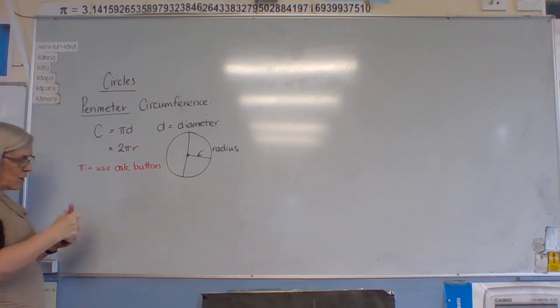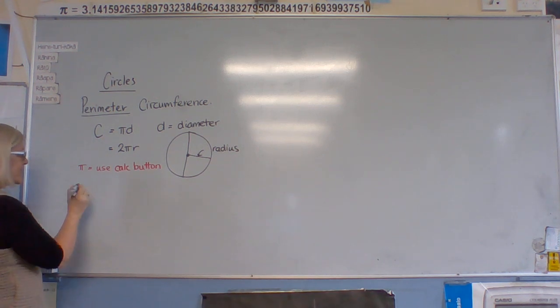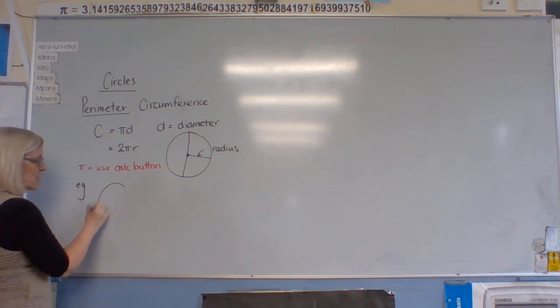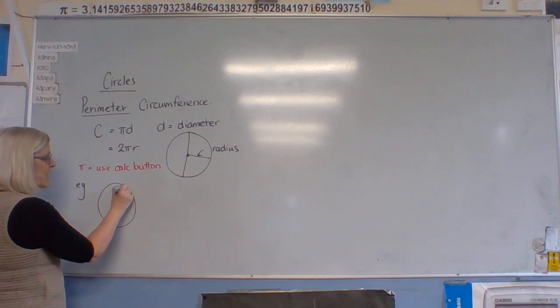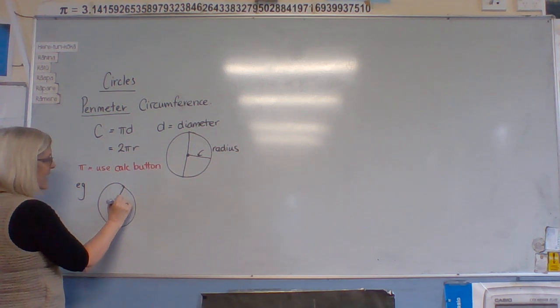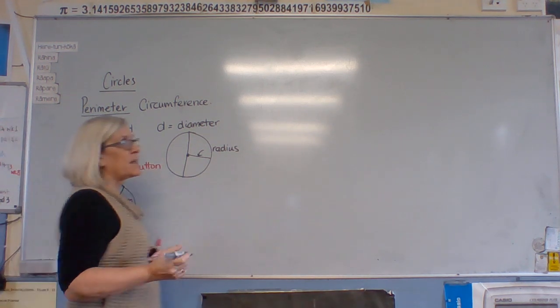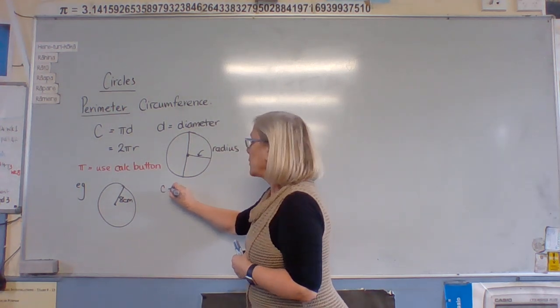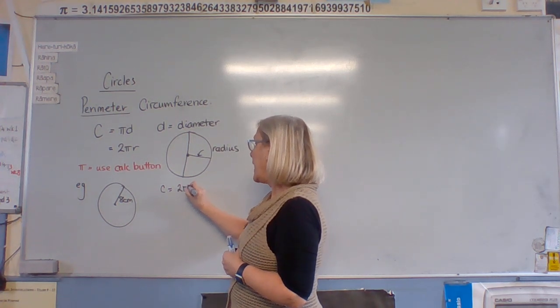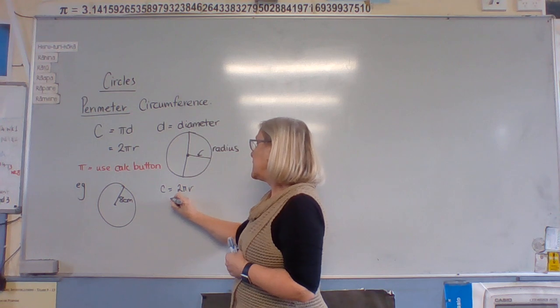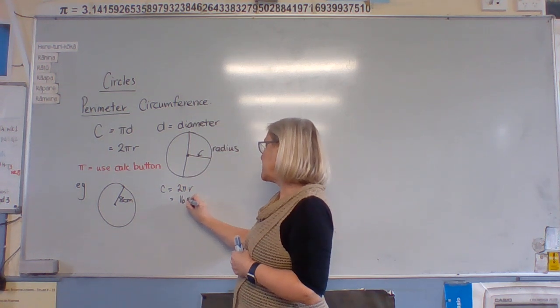All right? So let's have a look at an example really easily. If we've got a circle, we've been told the radius, I'm going to go for a radius one, is 8 centimetres. Then our circumference equals 2 pi r because we've got the radius. It equals 16 times pi.